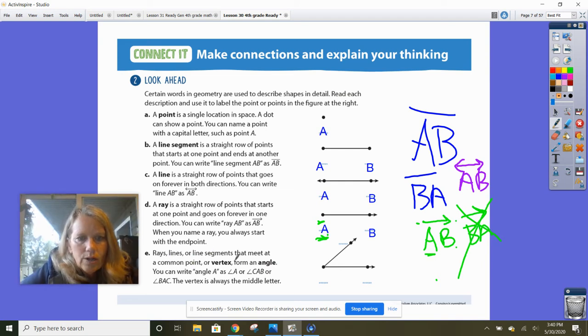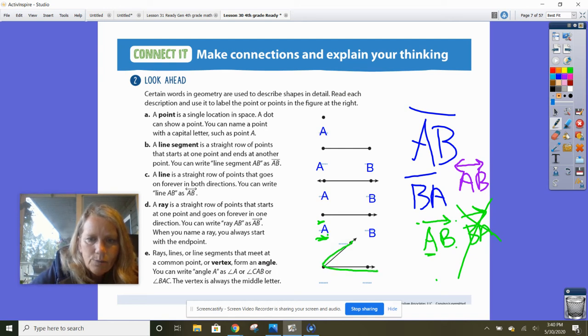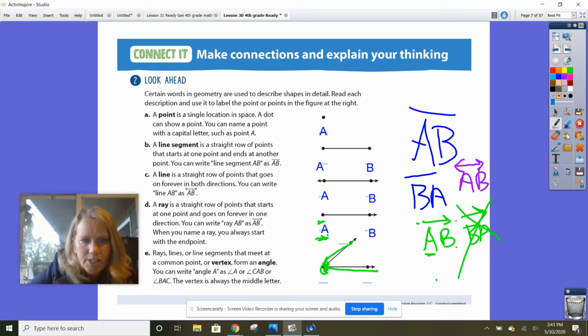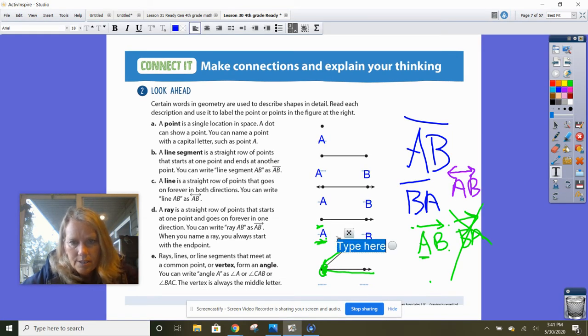Next one: rays, lines or line segments that meet at a common point or vertex form an angle. This point right here where they meet, that's the vertex. You can write it as angle A. They want us to label this with letters again, so we'll put the letters C, A, and they're giving the vertex A. The order does matter, and again, it must be capitals.